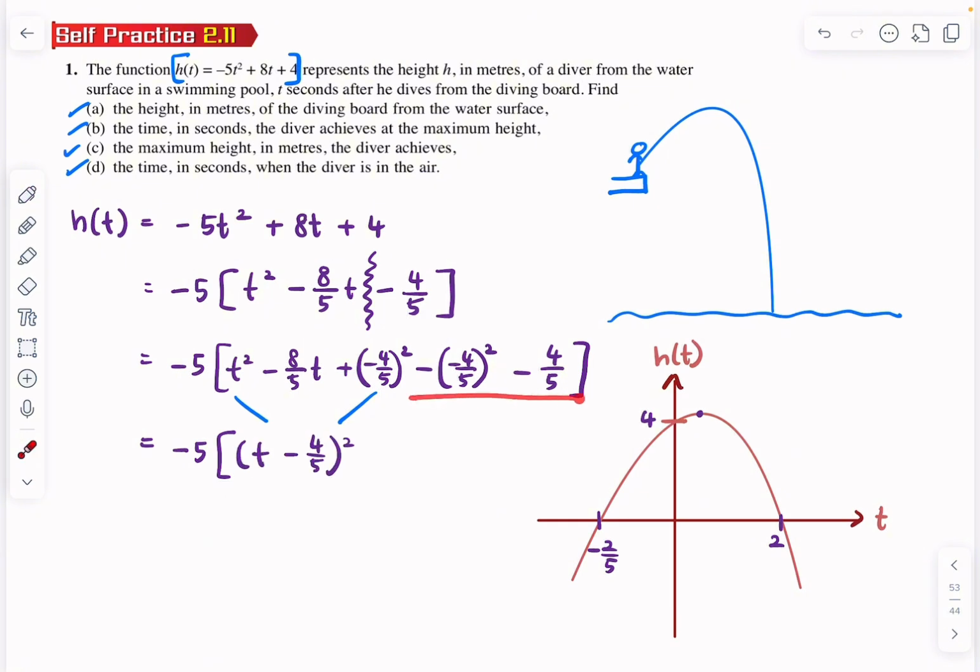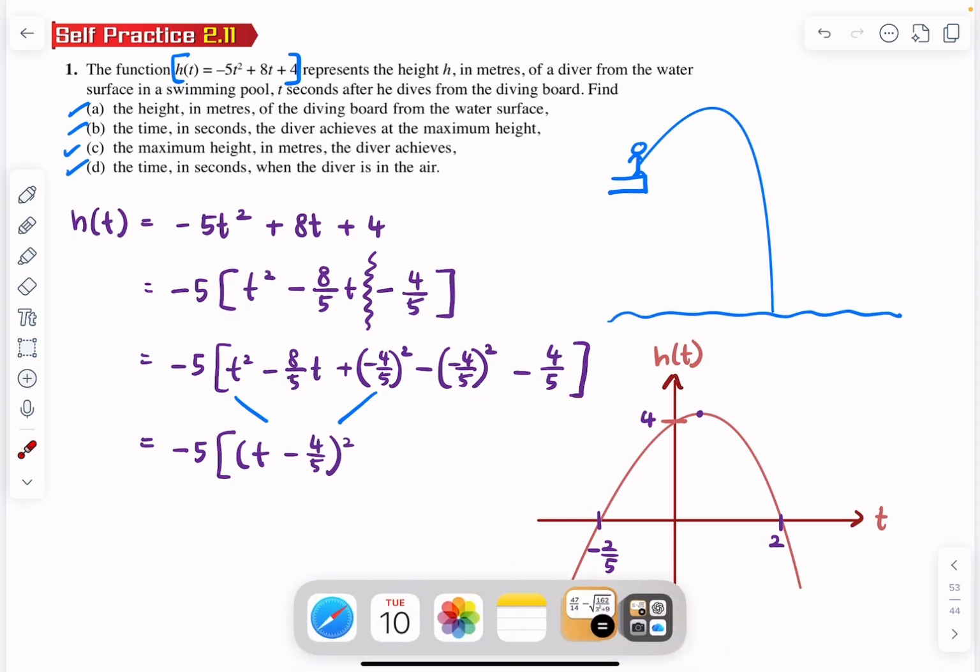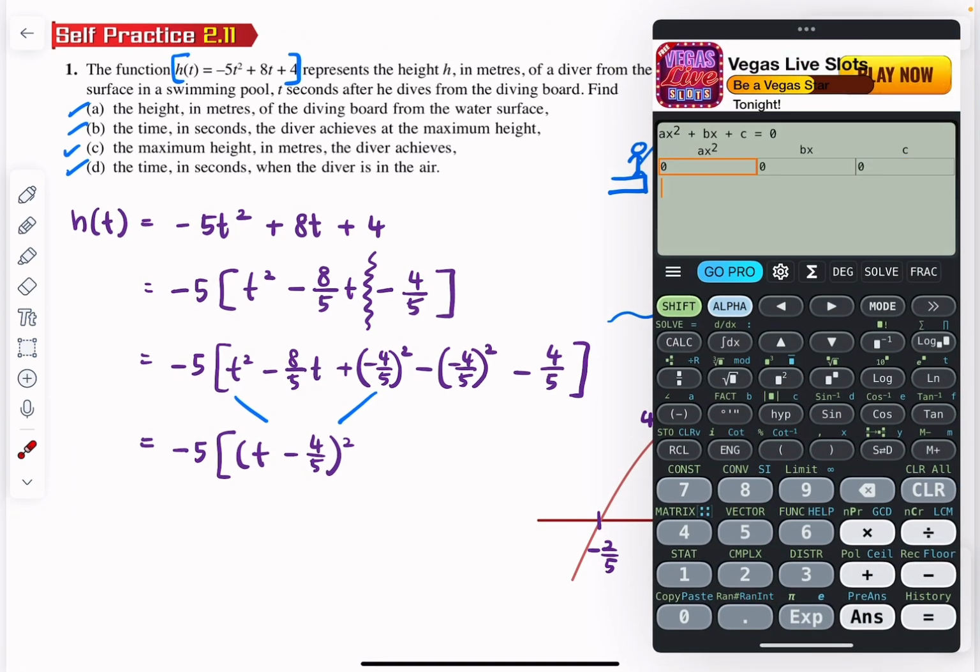Then this whole thing you can put into your calculator: negative 4 over 5 squared minus 4 over 5. We get negative 36 over 25.